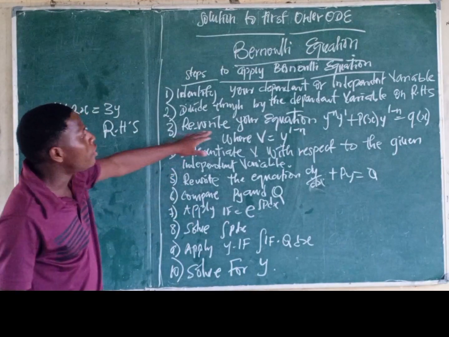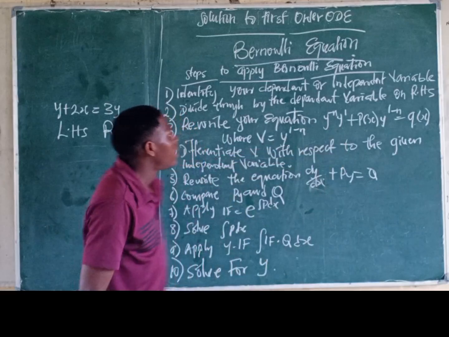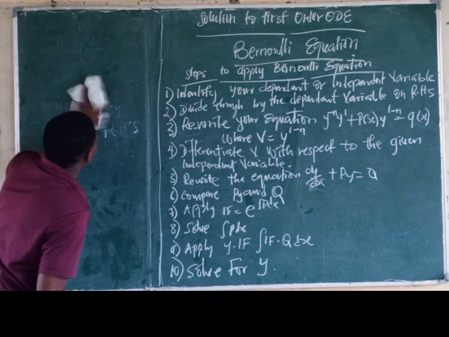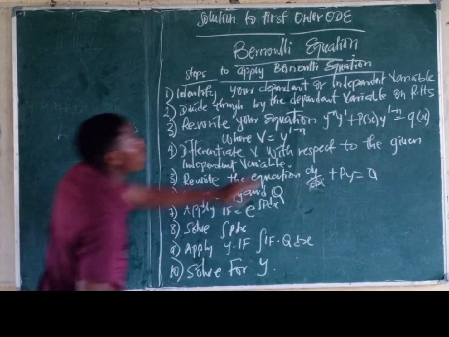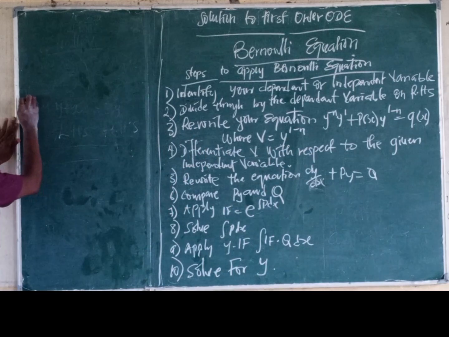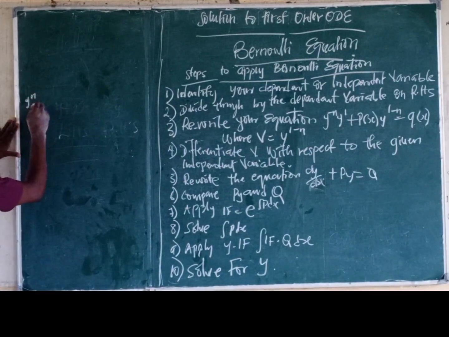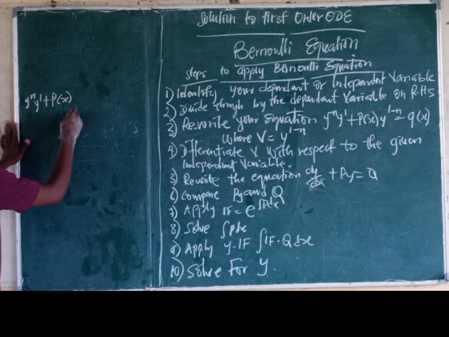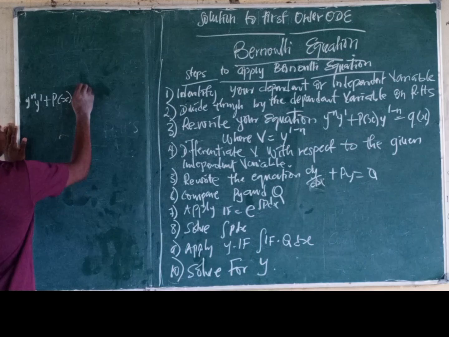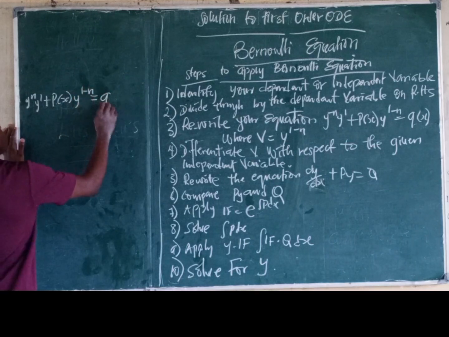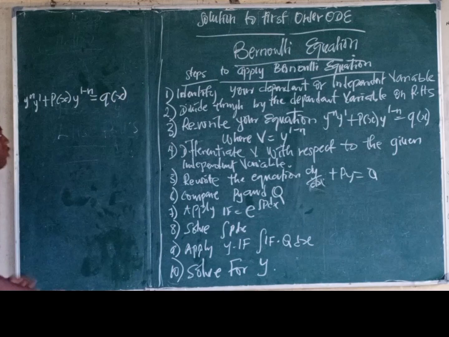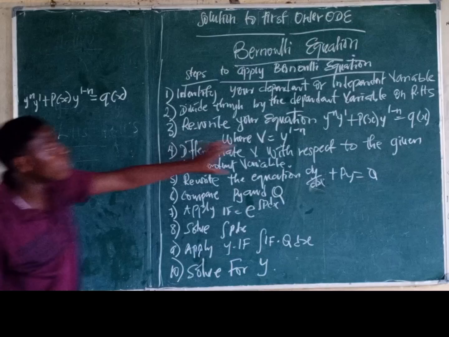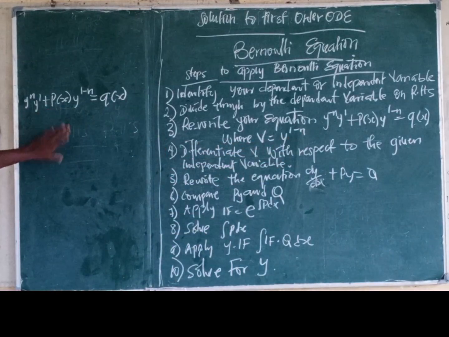The next thing is to rewrite your equation in this manner. Rewriting the equation, you will have something like y^n y prime plus p(x) y raised to the power of 1 minus n, and this is equal to q(x). If you have something like this, you can simplify it further.